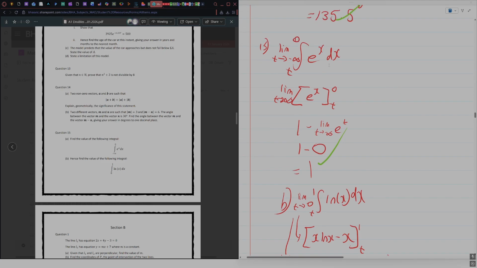If you think about e to the x, it never actually hits y equals 0, so it's kind of a concept, thinking of from 0 to negative infinity. Same with ln from 1 to 0, because if you think about the ln graph, it never actually touches x equals 0, which means it's kind of a bit weird.